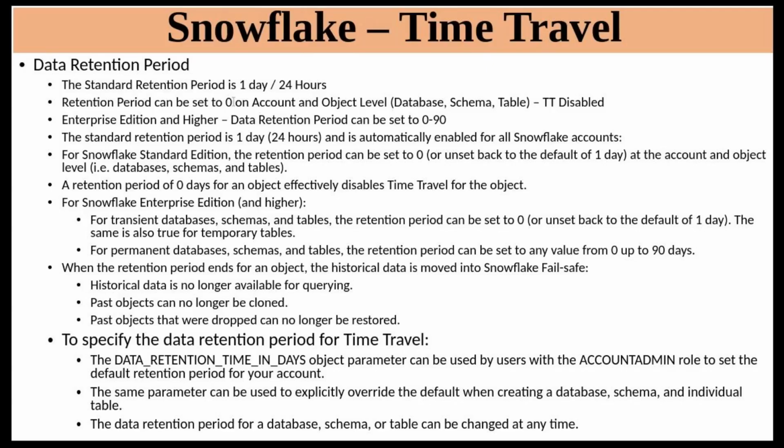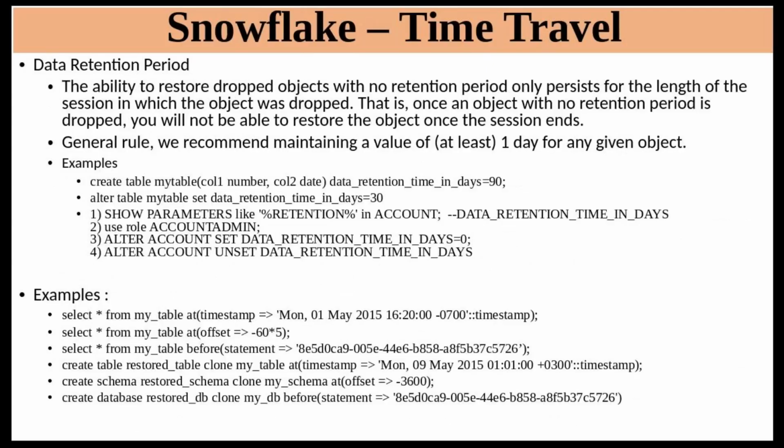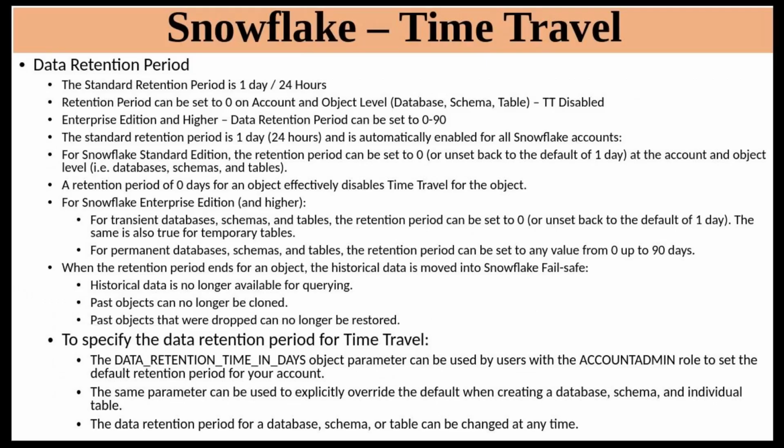This parameter can be set on the account level, the database level, the schema level, or the table level. If you set it to 0, time travel is disabled. You cannot query using this time travel construct. It fails for you. For enterprise edition and higher, the data retention period can be set to 0.